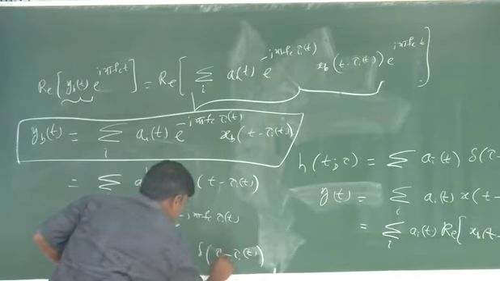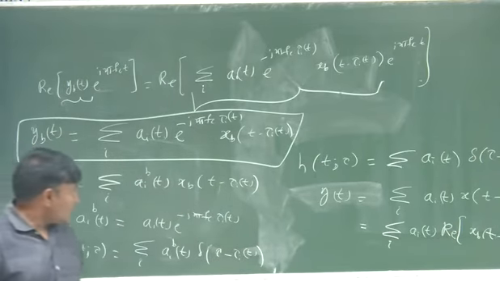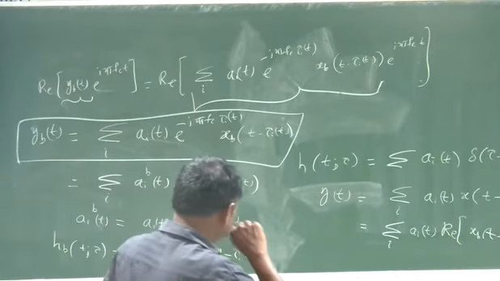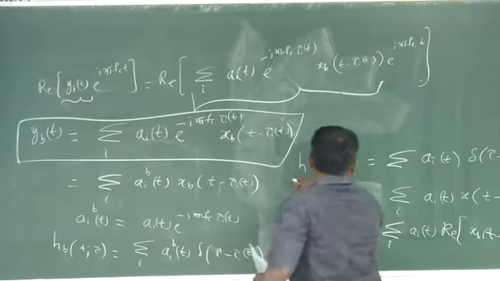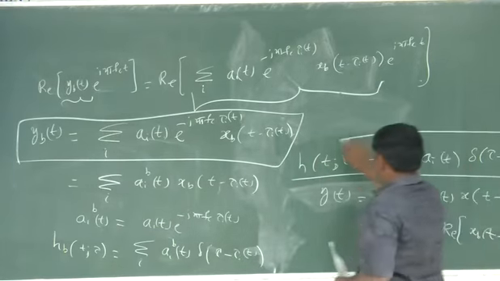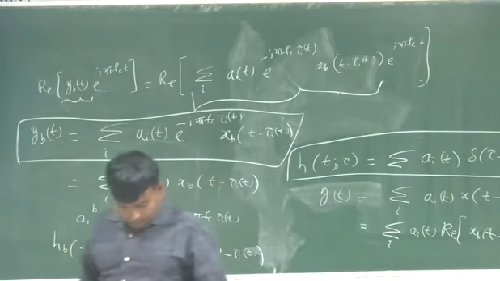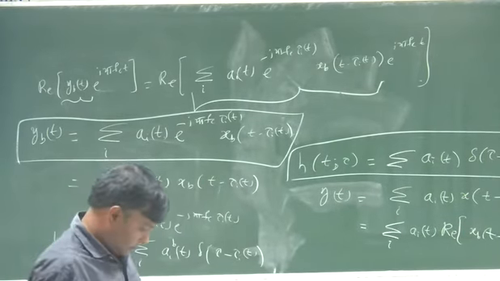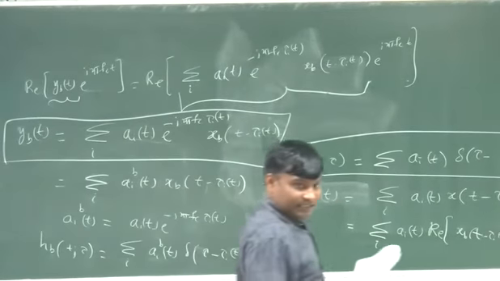It's tau minus, right? Compare with this. Okay? Make sense?